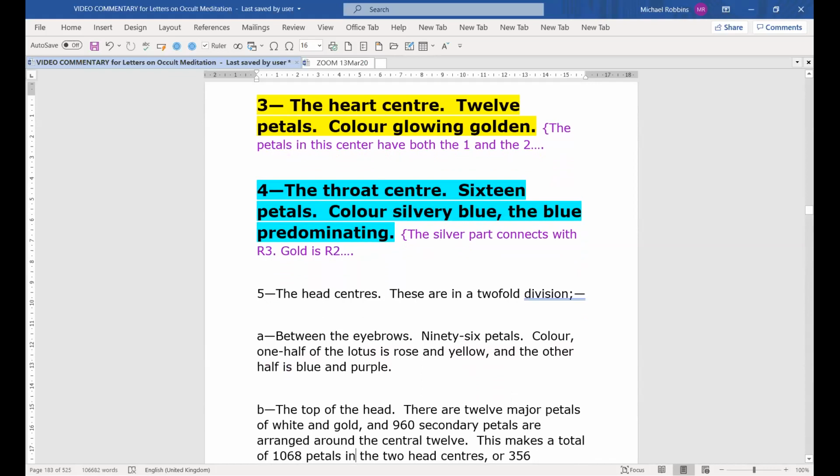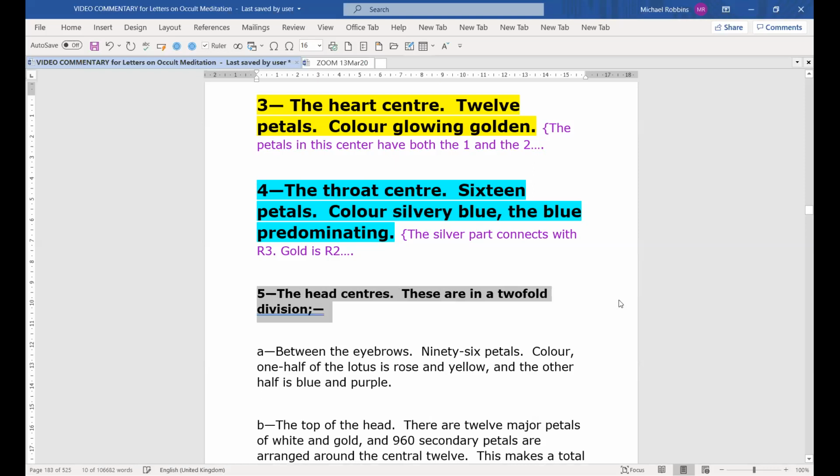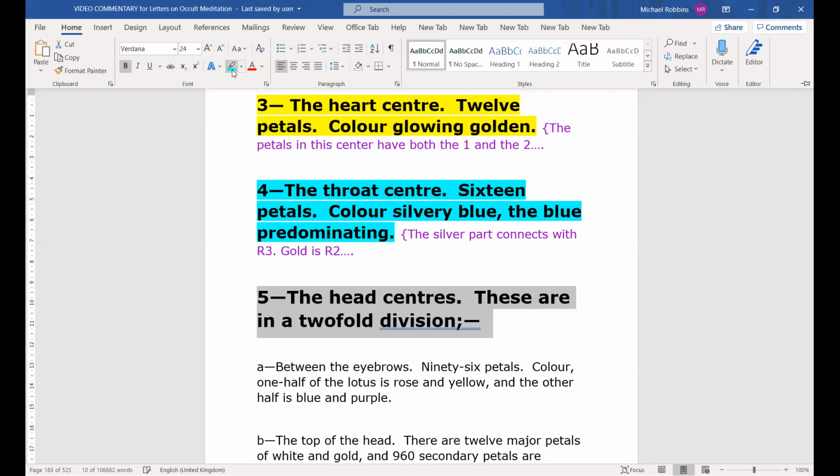Okay, and now the 5th, we have the head centers. And I suppose the numerology has to be considered there as well. The question is, which centers are we counting? Now, DK is giving us pretty much the ajna and the top of the head, and he's not including the alpha major center, and probably there are other ways to look at the alpha major center.